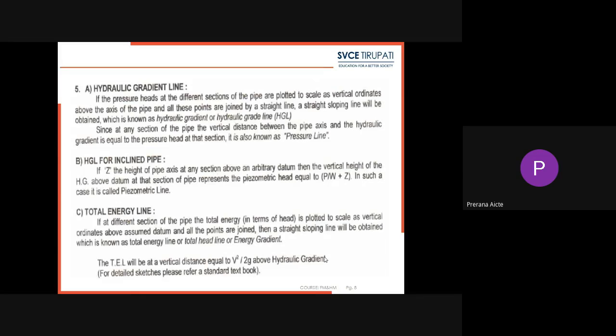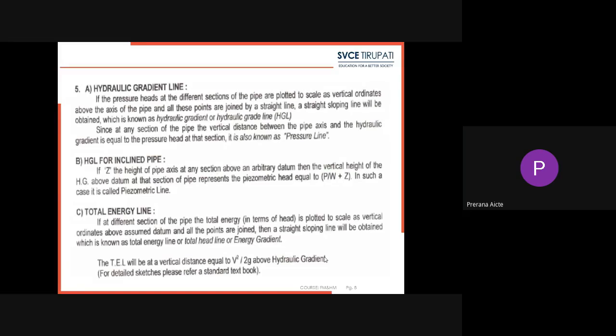At any section of the pipe, the vertical distance between the pipe axis and the hydraulic gradient line is equal to the pressure head at that section. So it is also known as the pressure line.